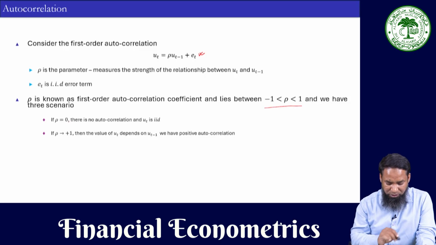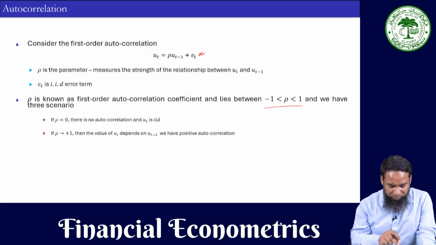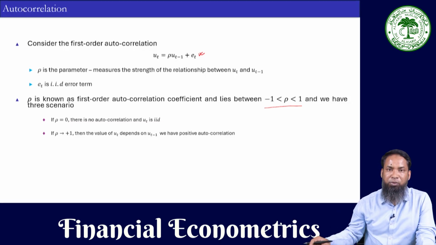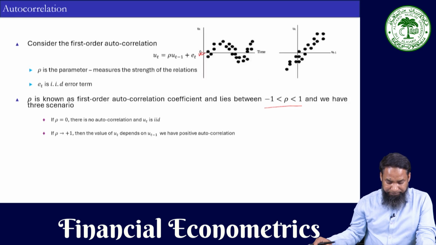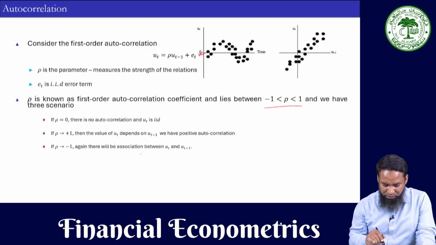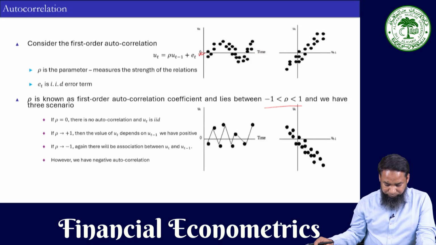If rho is equal to 0, that means there is no autocorrelation, ut is IID, so there is no problem of autocorrelation. However, if rho is moving towards plus 1, then the value of ut depends on ut minus 1 and we have positive autocorrelation, and if rho is minus 1, again there will be an association between ut and ut minus 1 and we will have a negative autocorrelation.